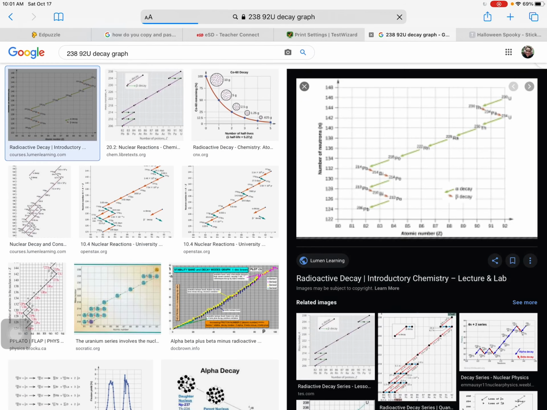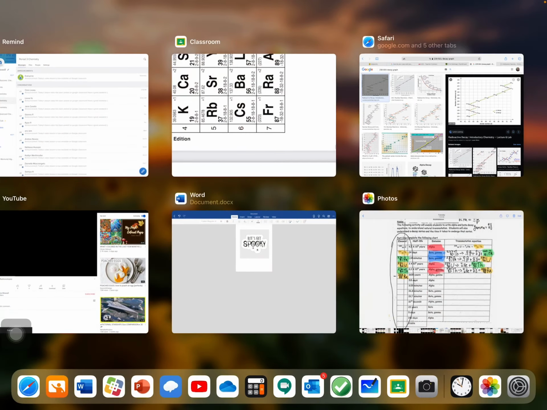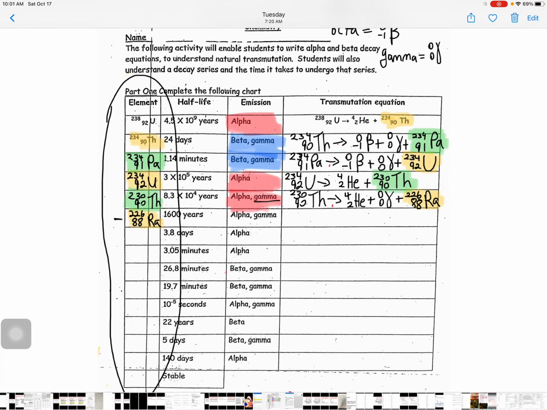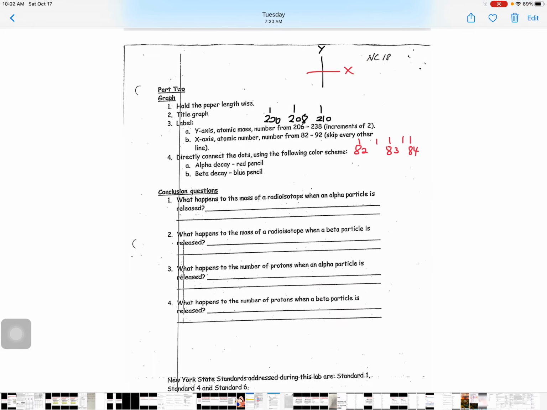So this is what your graph should look like. It's going to look like a very weird thunderbolt. So just keep that in mind. You're going to have a weird thunderbolt shape. So if your graph looks like this by the time you're done, you're doing good. All right. Anyway, so let's get into those questions.